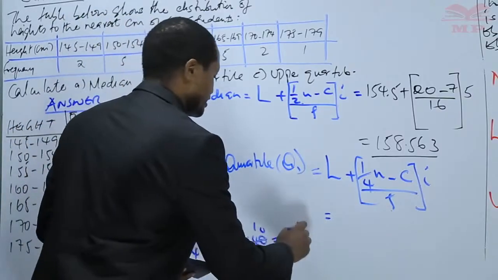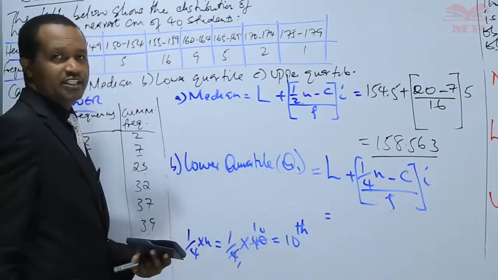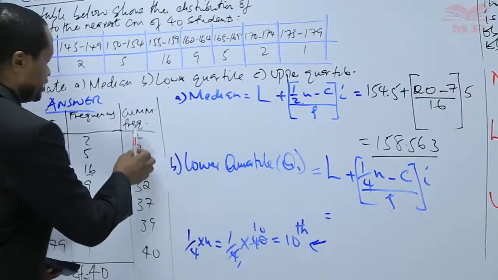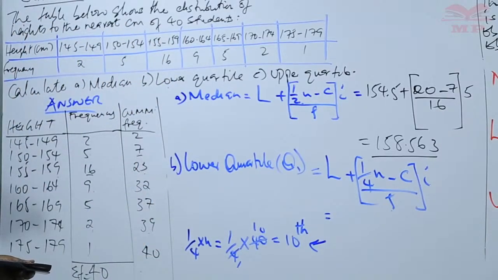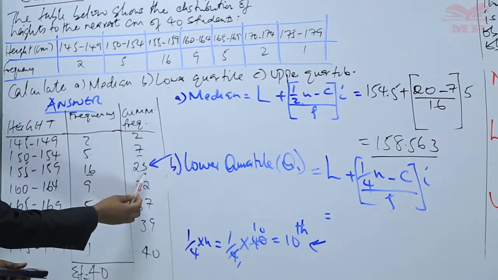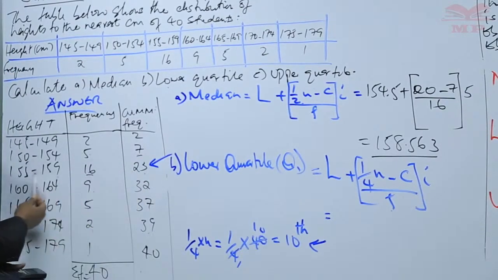So the 10th student, where does the 10th student lie in this cumulative frequency? The 10th student will lie in the class of 155 to 159.